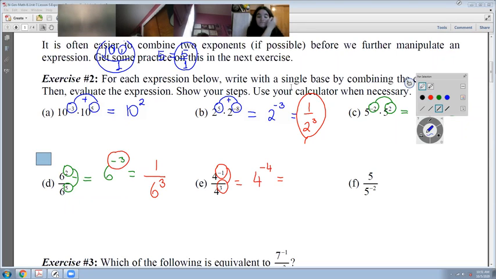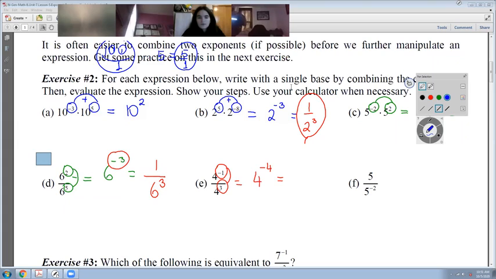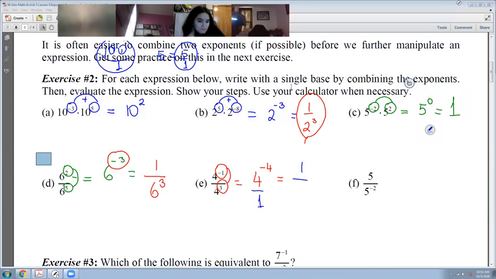How can we change a negative exponent to a positive exponent? Flip it. 1 over. Imagine, guys, if you want, you can put 1 in here. 4 over 1 will be 1 over 4. It will be 1 over 4 to the power of 4. That's it.